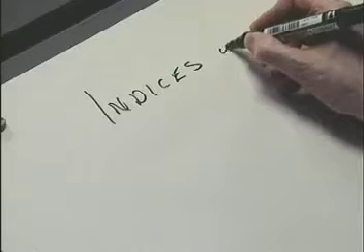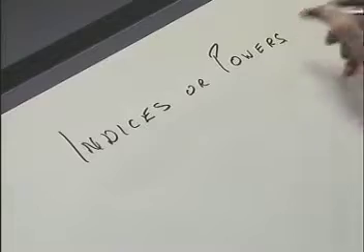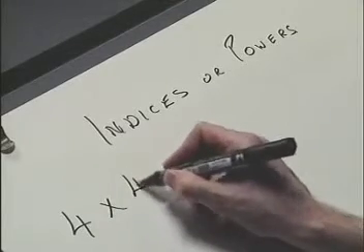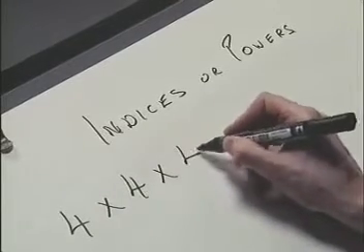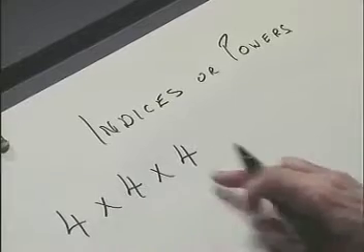In this particular session, we're going to be looking at indices or powers. Either name is used, both mean the same. Basically, they're a shorthand way of writing multiplications of the same number.